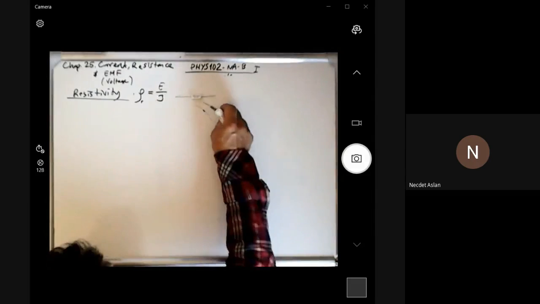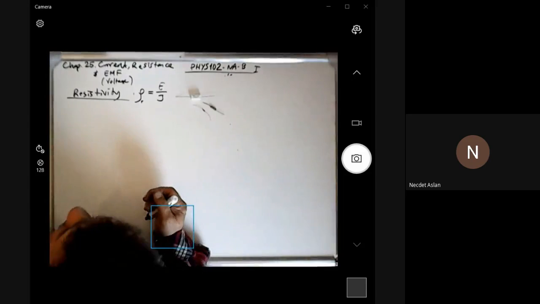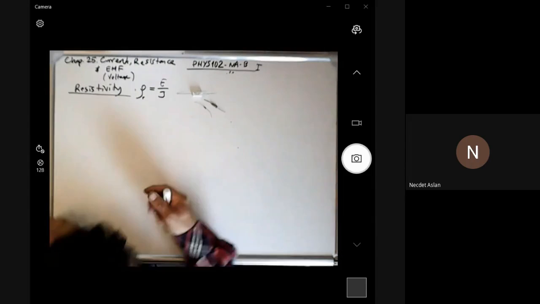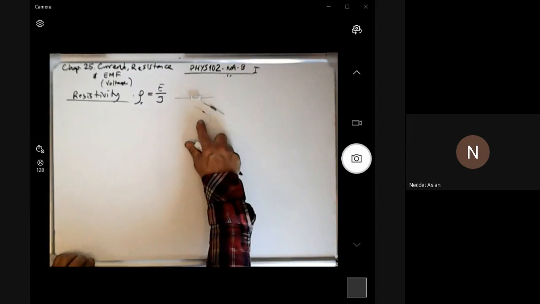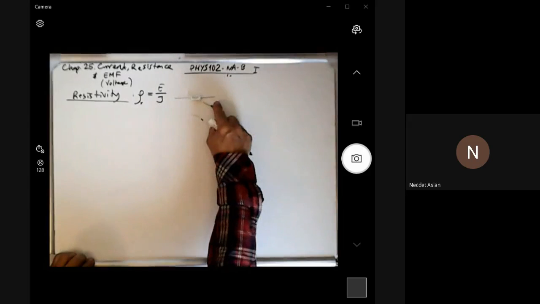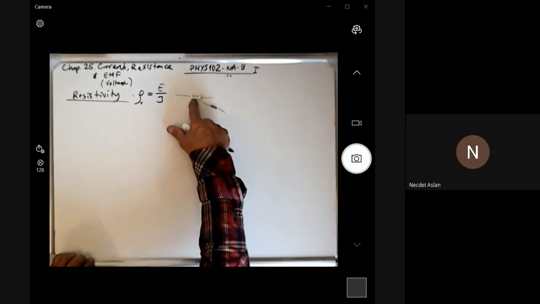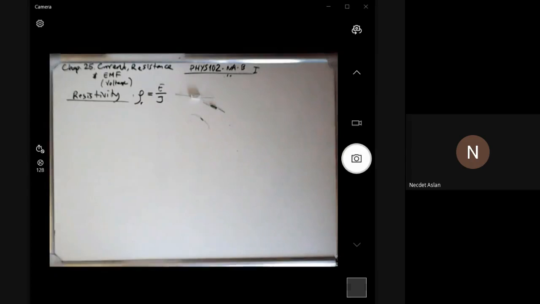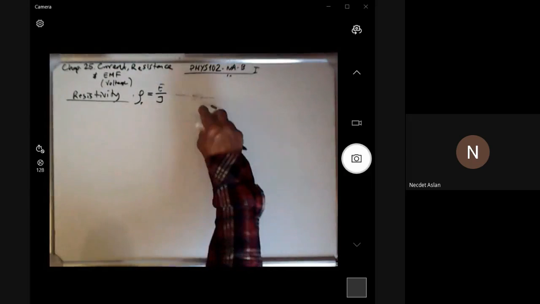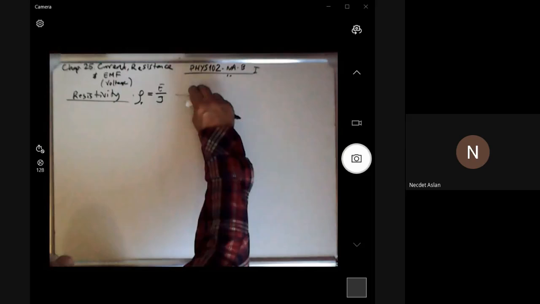Also, I will make a little experiment along the way. So as you see, these are the resistances that we use in our circuits, right? Very small ones. Also this is quarter watt, this is 1 watt, and this is the 5 watts resistor.